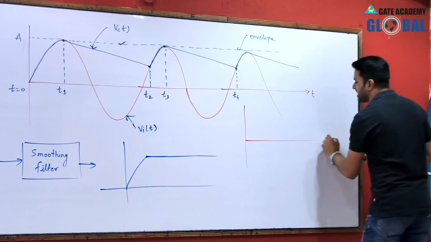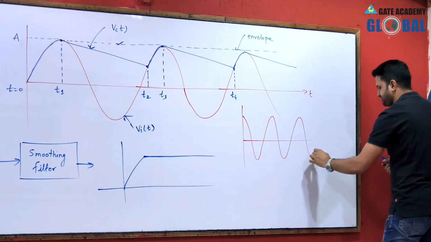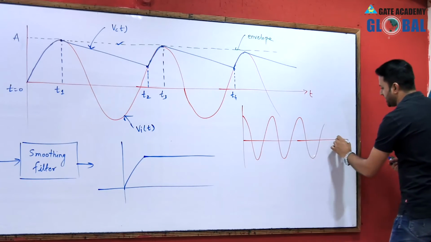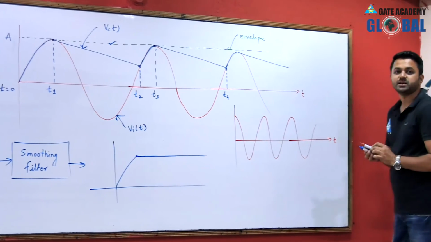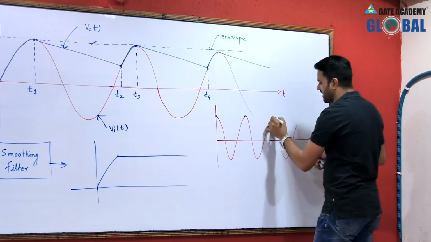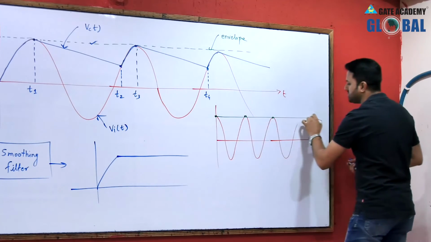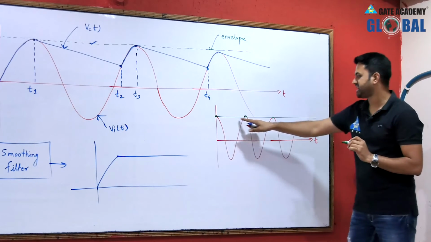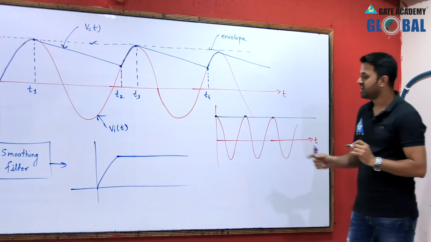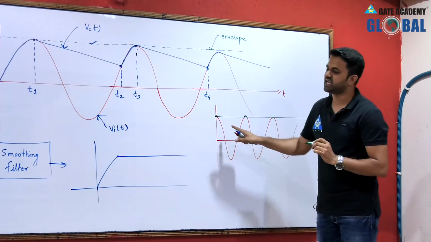If there is a cosine wave like this and I connect the peak values on the positive side, I get a constant DC line with the maximum amplitude of the cosine wave.